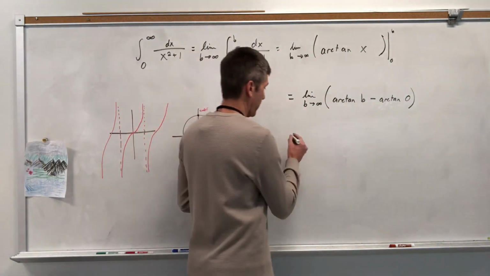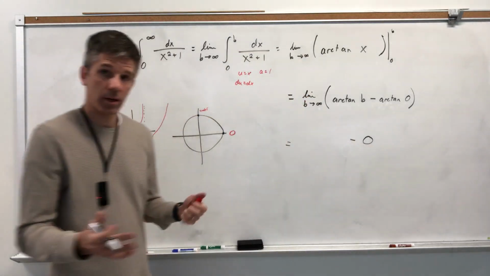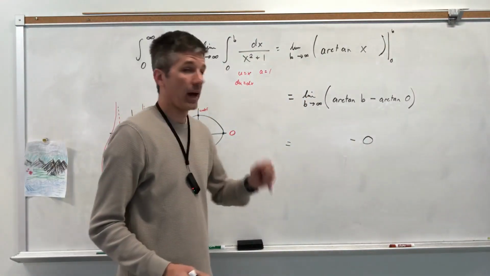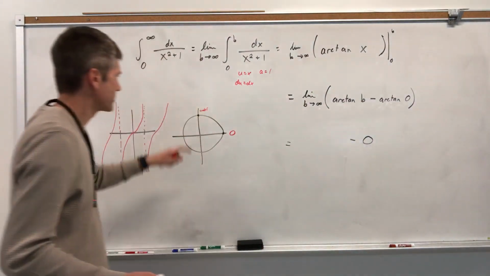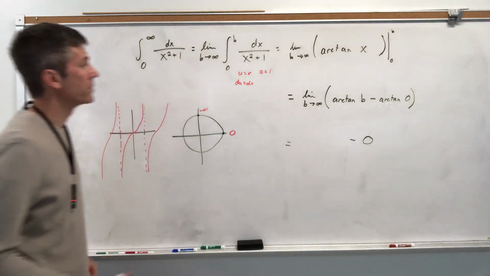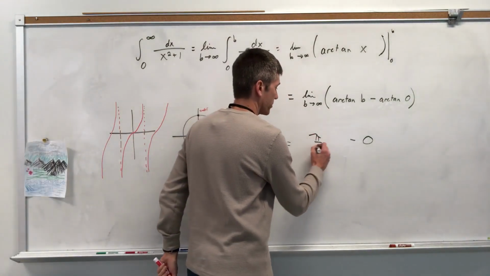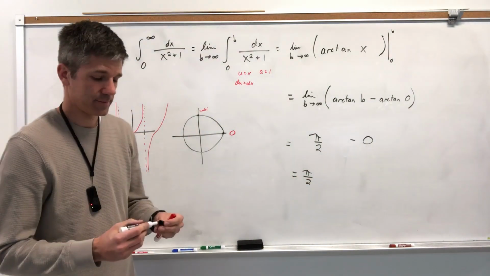So if you want to jump ahead, minus 0 for that term. Okay, here's the question. At what angle is my tangent infinity? Here, pi over 2. Half a pi. Sounds delicious.